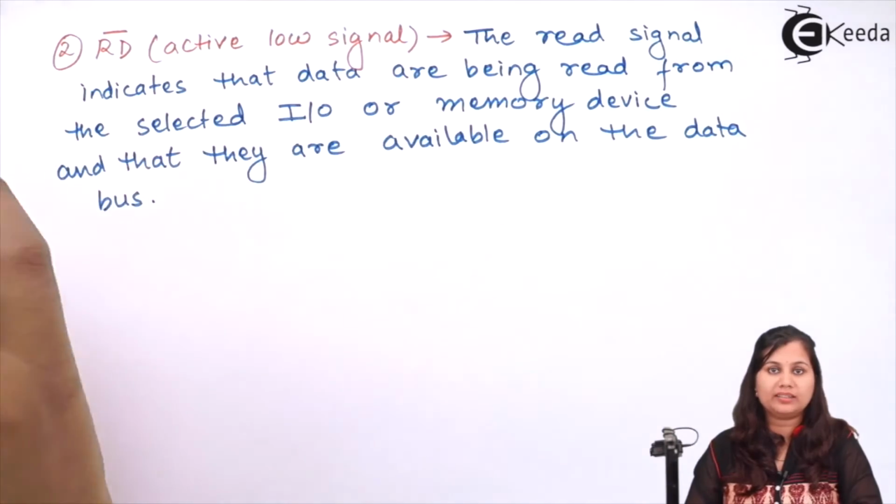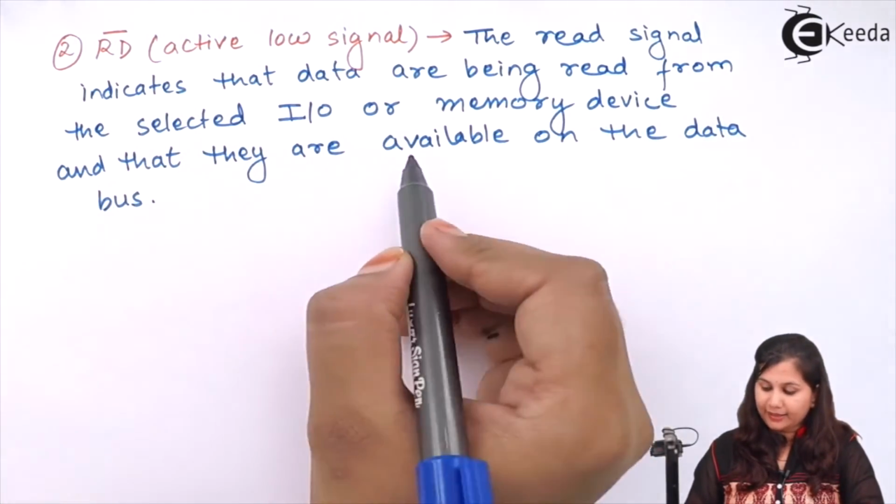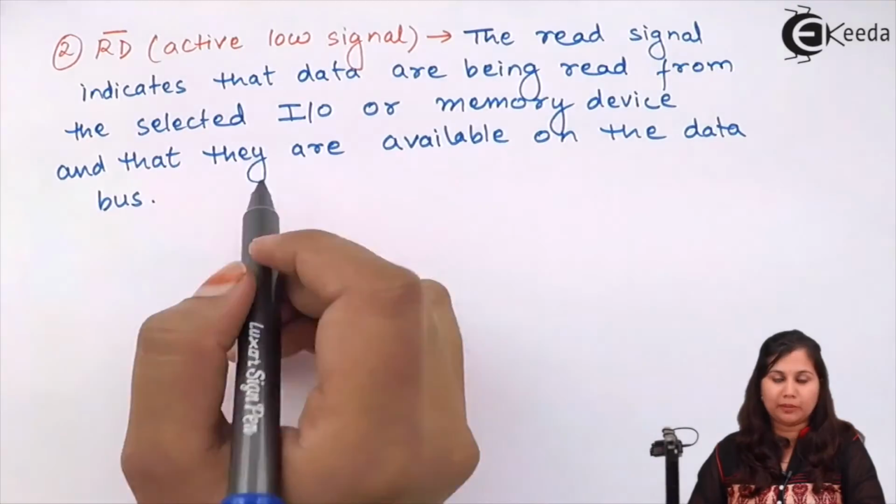The microprocessor is going to read the data from the input, output or memory device, and then that data is available on the data bus.